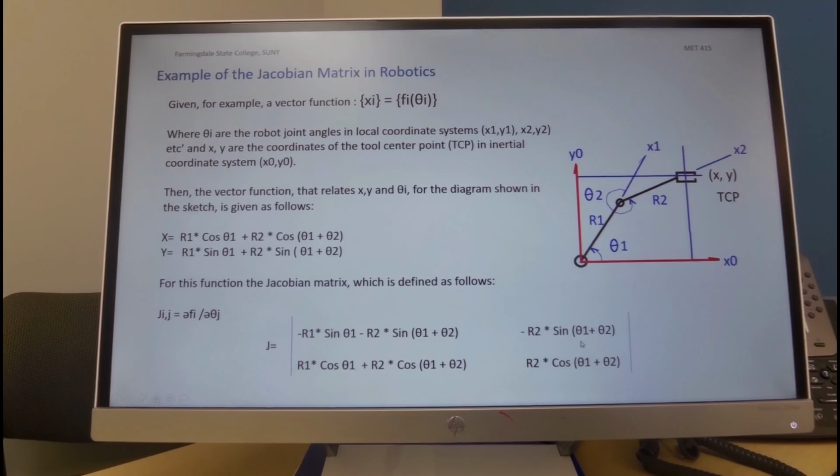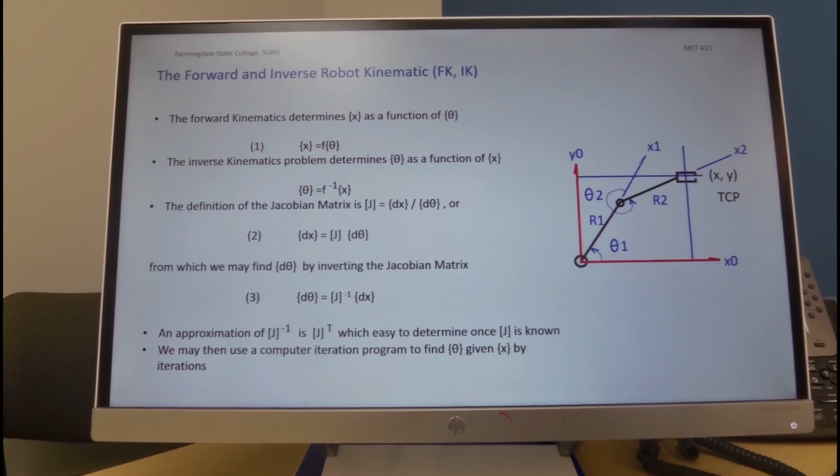Now the second term, the partial derivative of x with respect to theta 2, since theta 2 does not show up in the first term, will only be minus r2 sine of theta 1 plus theta 2. And similarly, we can find the other terms of the Jacobian.